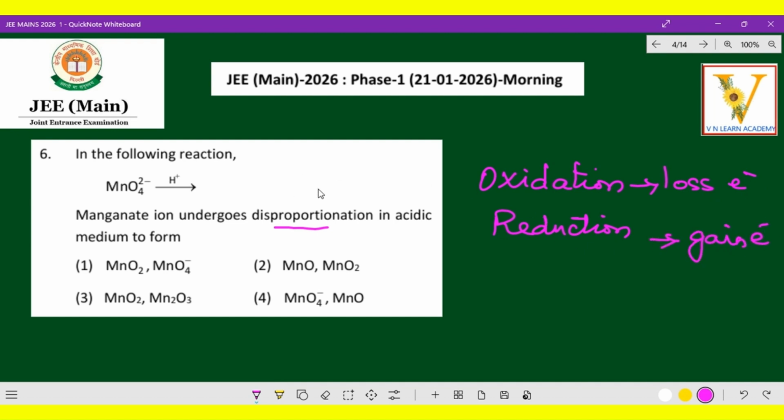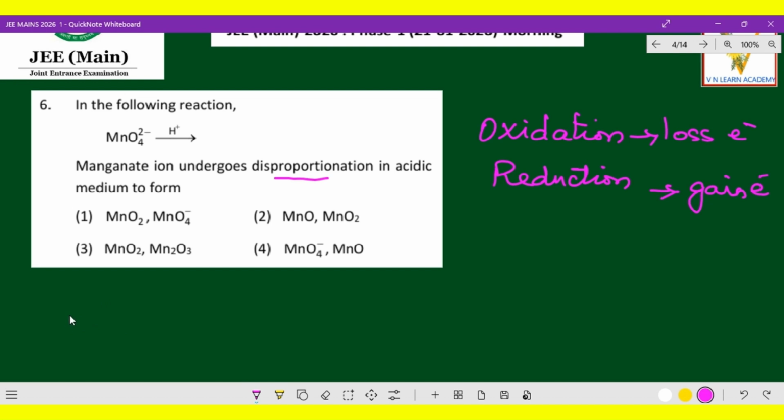Right, in the key answer they mentioned acidic medium also. That means what are the products you'll be getting? Now here MnO4 2 minus, in the presence of H plus ion, we are getting MnO2 plus MnO4 minus plus H2O. Right, now this is the product.